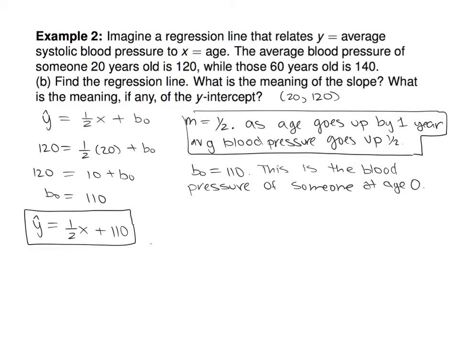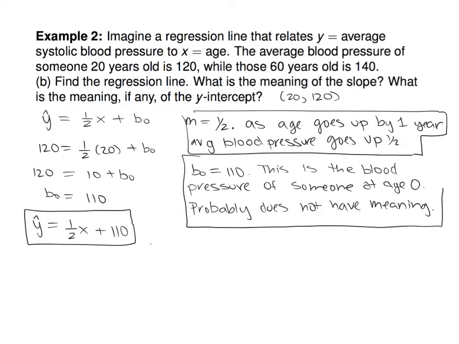So that might make sense, but babies are a bit special, and I don't know what their blood pressure usually is, so I'm going to say that this probably does not have meaning. But it's not as glaringly obvious as the previous example. So you could really argue that either way, but what I'm really checking is that you're telling me that you understand that this means the x is 0. That's all.